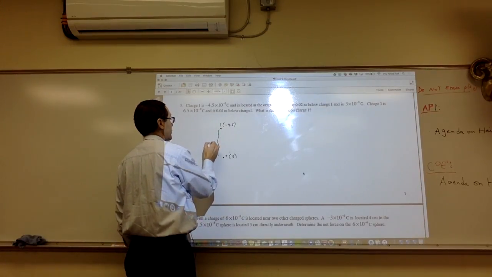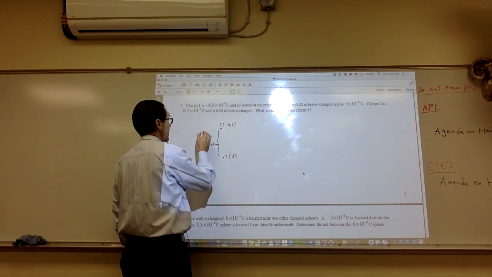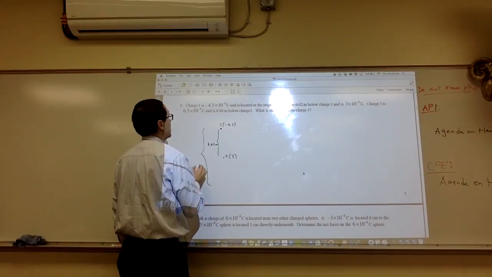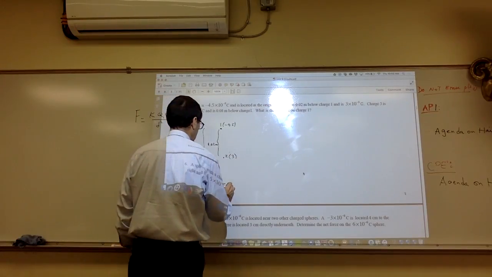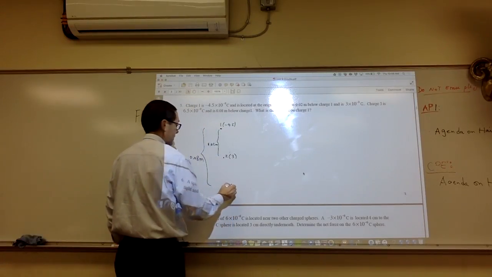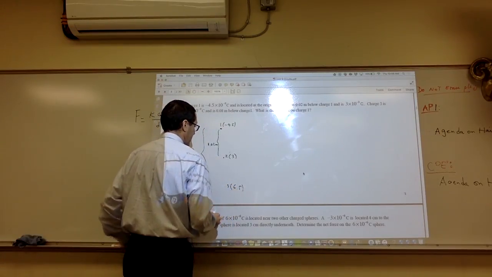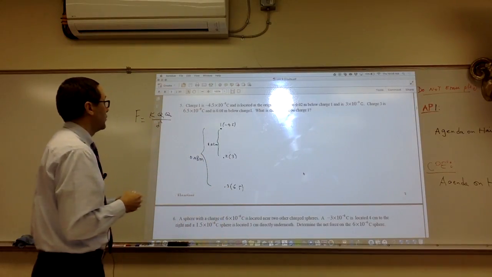This is 0.02 meters, and this whole thing here is 0.08 meters. And this is charge 3, and it's 6.5 nano. What is the net force on charge 1?